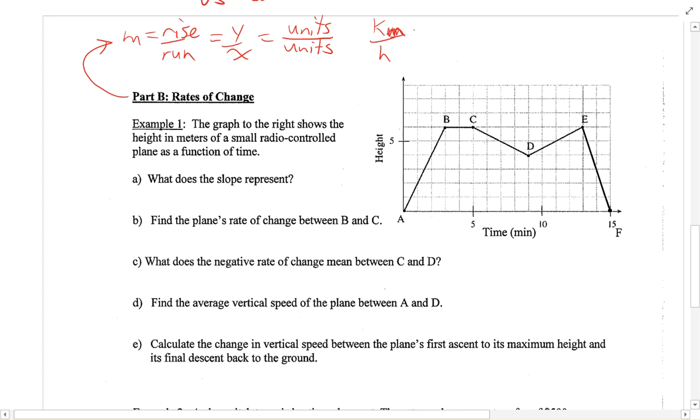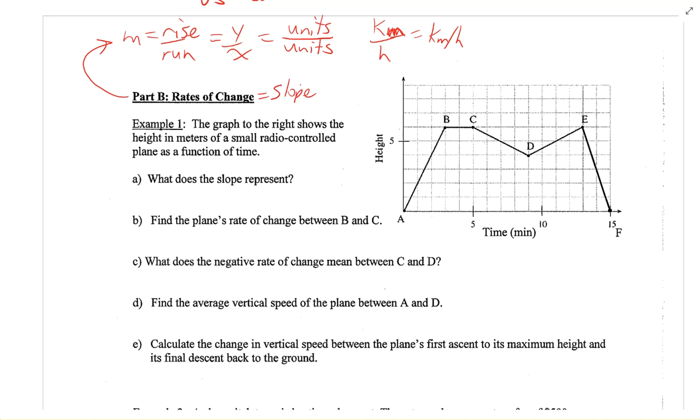So that one would be kilometers per hour, which is speed, okay? Rates of change equals your slope. So they're the same thing. Usually we call it rates of change when we start talking about graphing real situations.